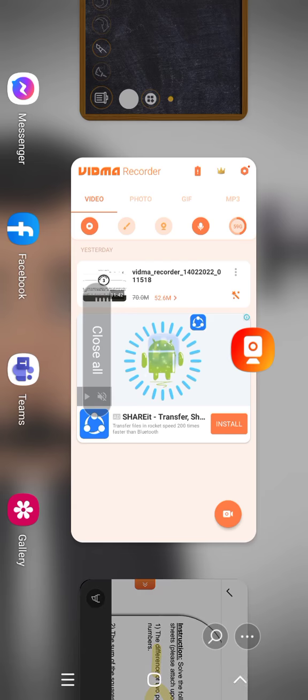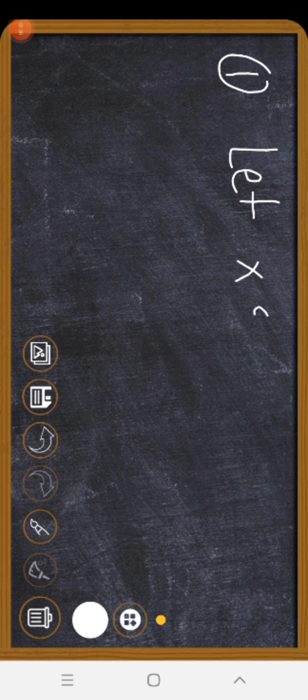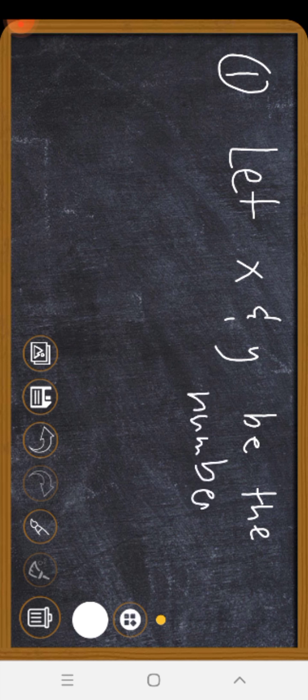So let's put this in our whiteboard, in our blackboard rather. So our solution for number 1, we let our first number and second number, x and y, be the numbers, or positive numbers.